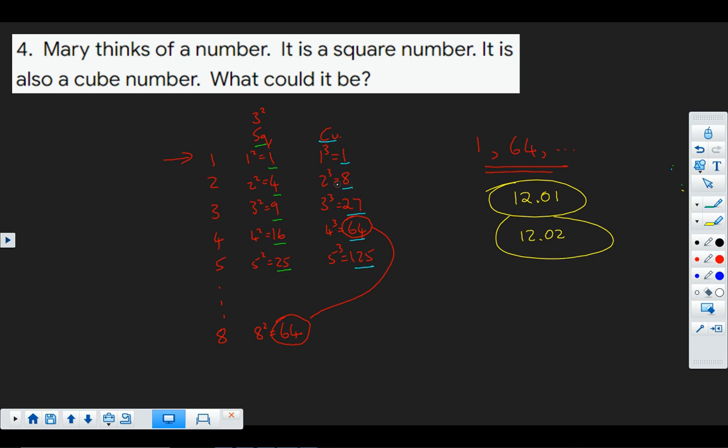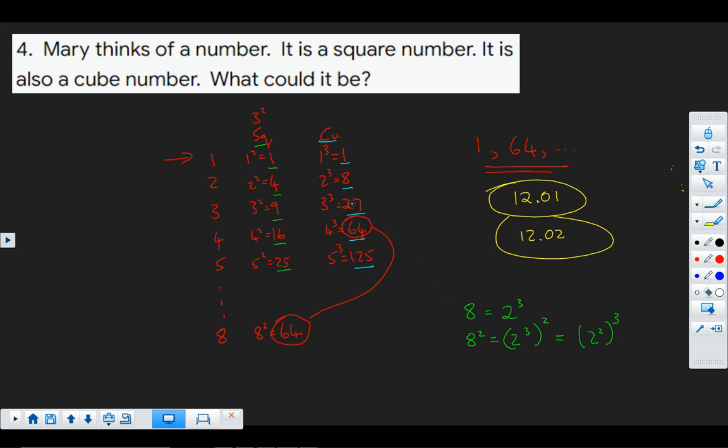Just a little aside here. One of the reasons why this works is that 8 is already a cubed number. So when we square this, we have 2 cubed to the power 2, which can also be written as 2 squared to the power 3.